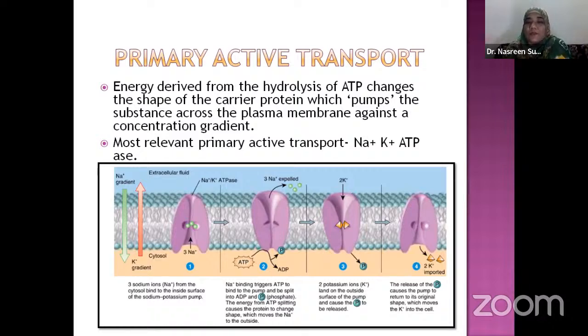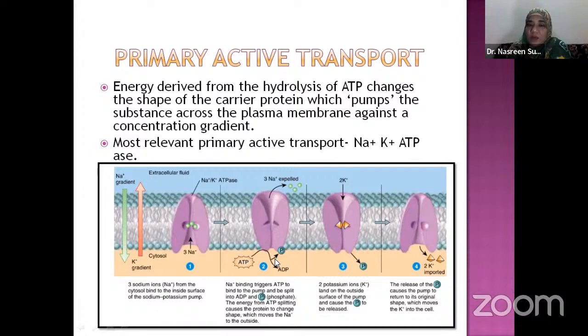So like this, Na plus K plus ATPase will require, when this sodium is binding to the protein, there will be hydrolysis of ATP to ADP and phosphate. Phosphate will be attached to the protein or the channel.